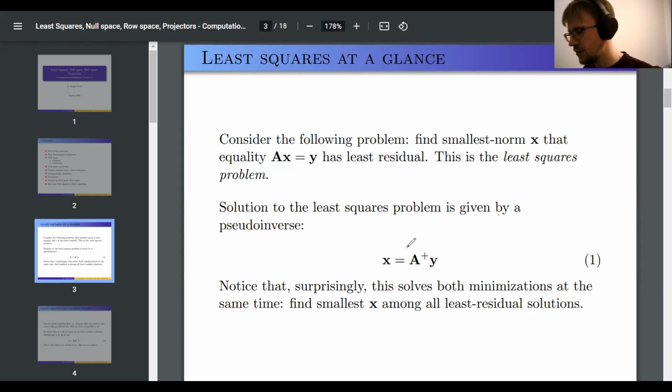Well, because if there was an exact solution, so there existed such an x that Ax minus y is equal to 0, then you can say that x is equal to A^-1, right?